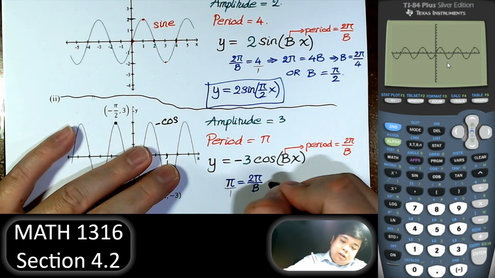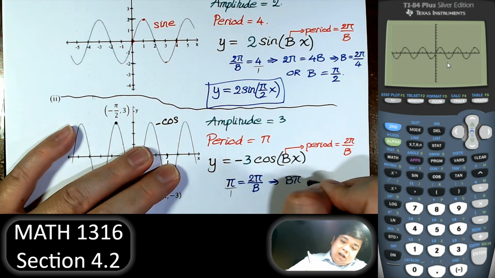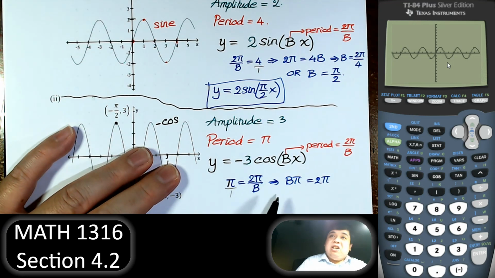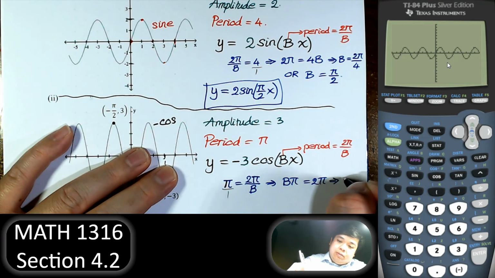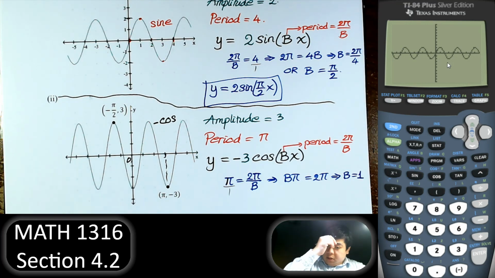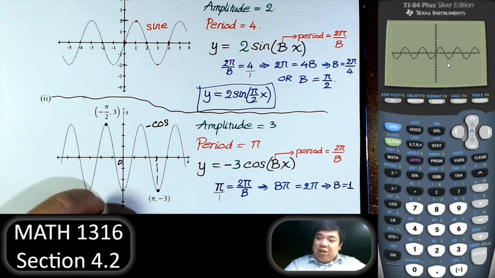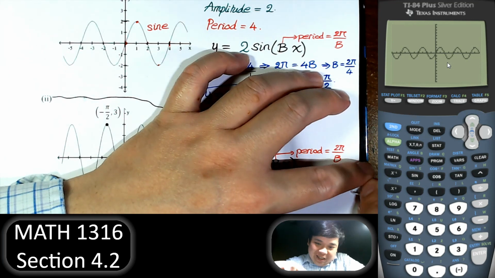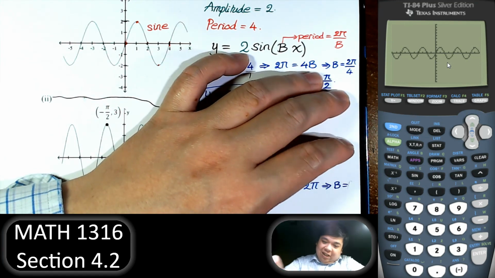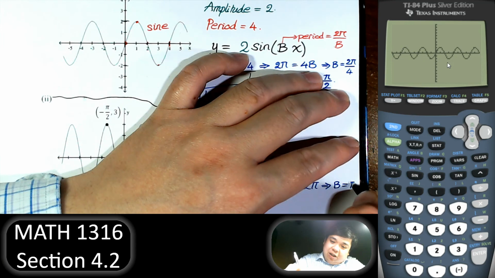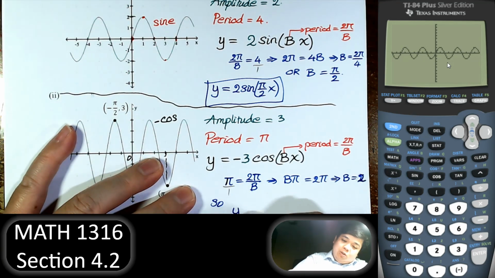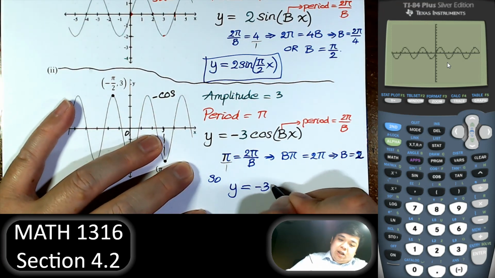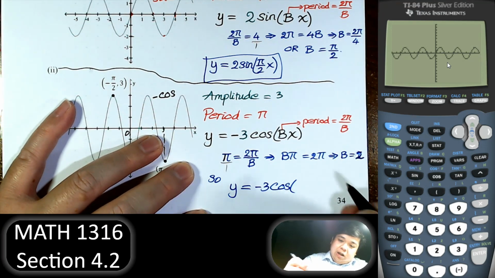Cross multiply, b pi equal to 2 pi, obviously cancel, divide by pi on both sides, b is equal to... sorry, b is equal to 2. So because of that, the graph is y equal to -3 cosine 2x.